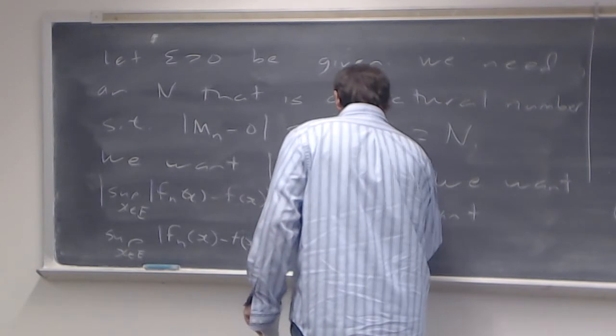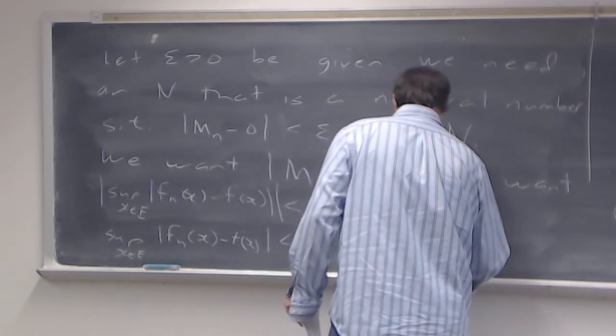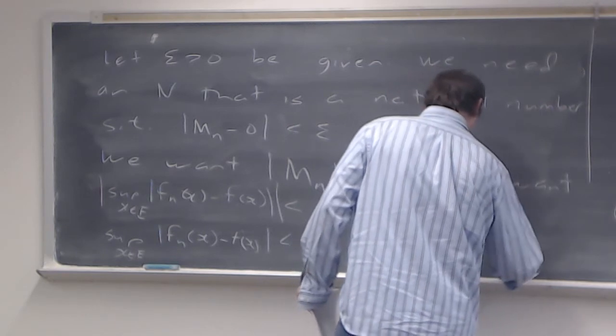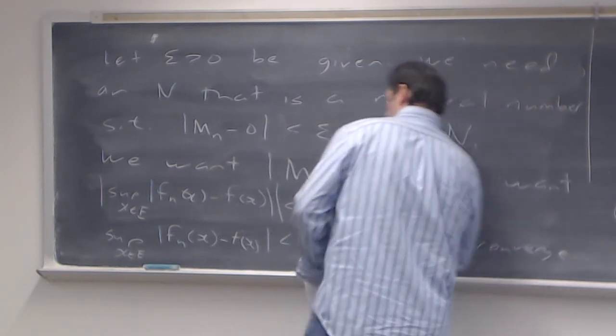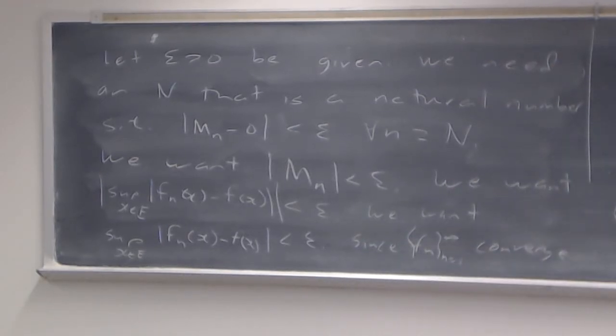So, since f sub n is a sequence of functions that converges uniformly, remember, what I'm looking for is that N. Uniform convergence is going to give you that N.